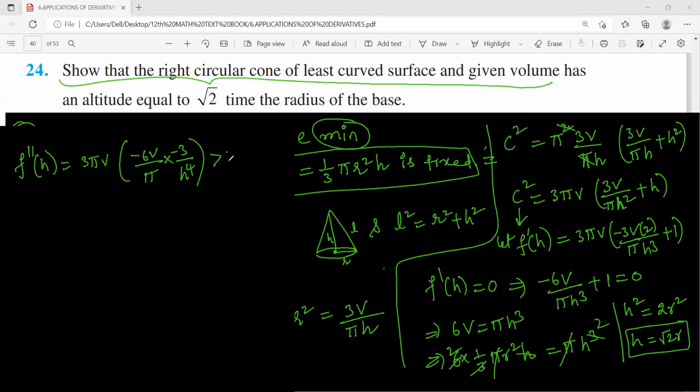Negative into negative is positive, greater than 0. That implies f of H is least. Greater than 0 means minimum or least when H equal to root 2r. Same thing.